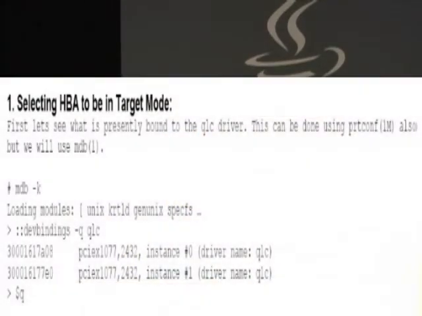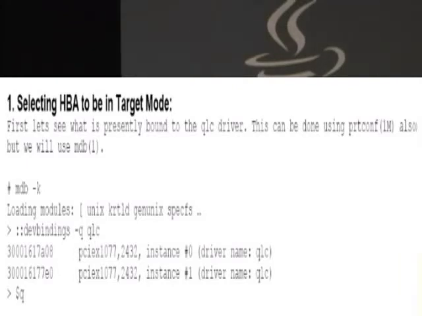The first bit that we talk about here is if you have a server and you want to make a Fibre Channel target, there's already a Fibre Channel driver that would be attached to that in initiator mode. So we have to convert that to say, hey, actually, we want this HBA to be a target.